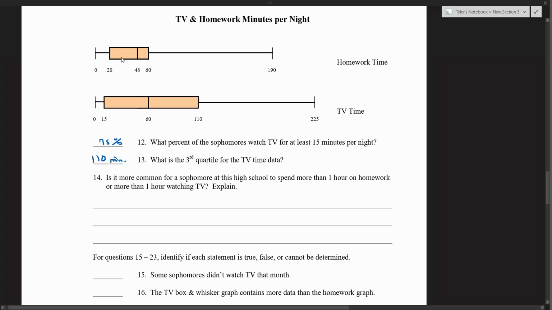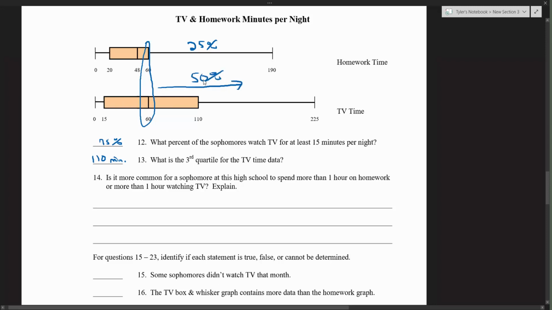One thing you want to notice is that we have data for 1 hour for both, they line up. But 25% of the data for homework is above, more than an hour. Whereas for TV time, this line is the median, so there's 50% above here.